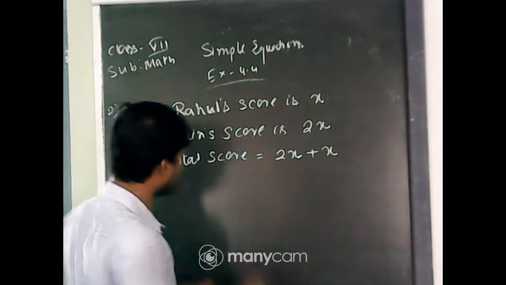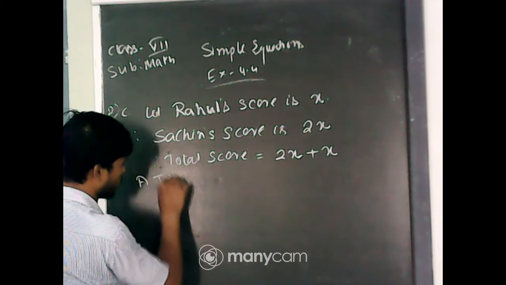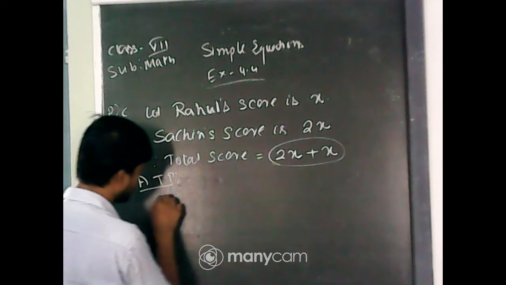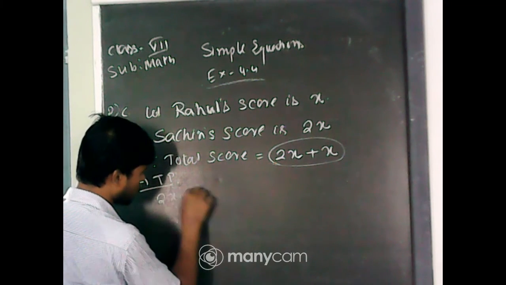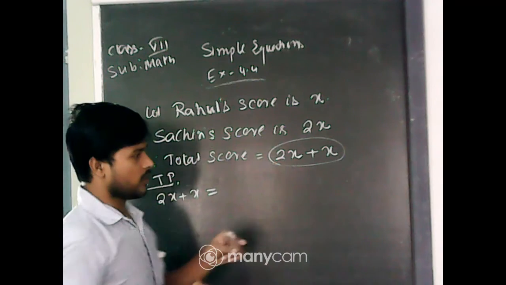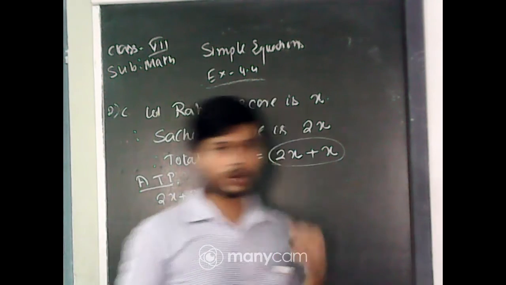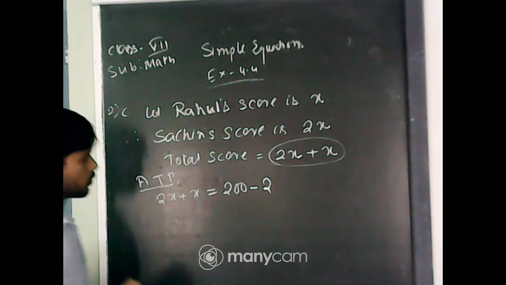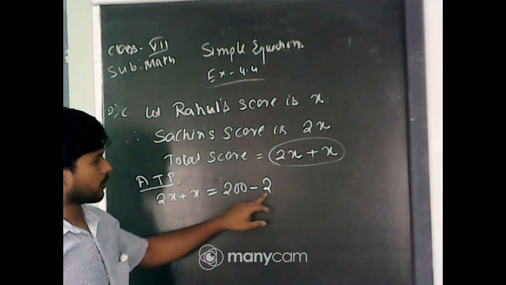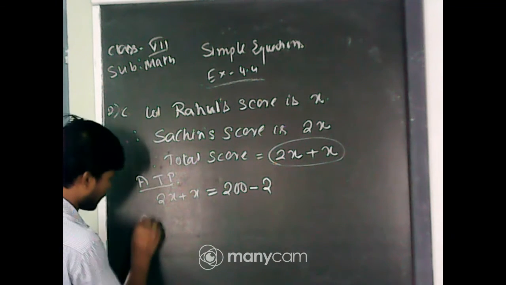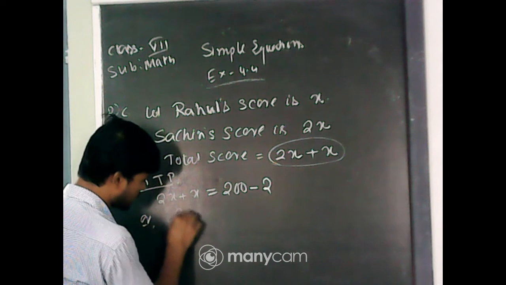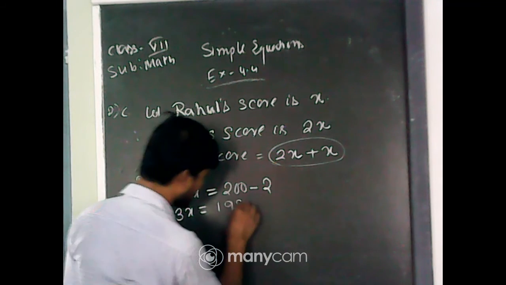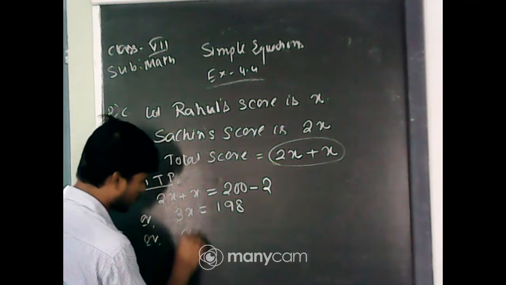Now according to the problem, the runs done by both batsmen, 2x plus x, is equal to 200 minus 2, since they failed 2 short of a double century. That means 2x plus x means 3x is equal to 200 minus 2. That will be 198.